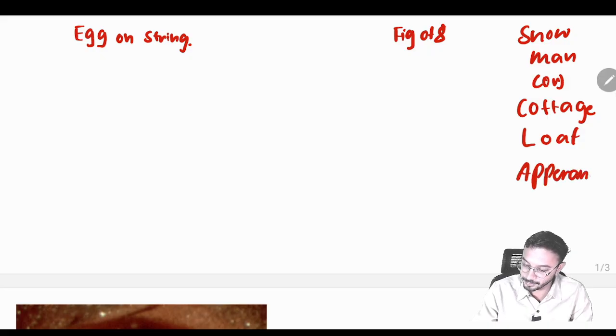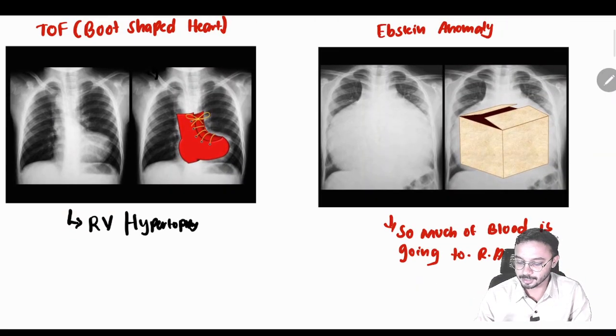So these are all very important chest X-rays: egg on string, boot-shaped heart in tetralogy of Fallot, box-shaped heart in Ebstein anomaly, and figure of 8 in TAPVC.